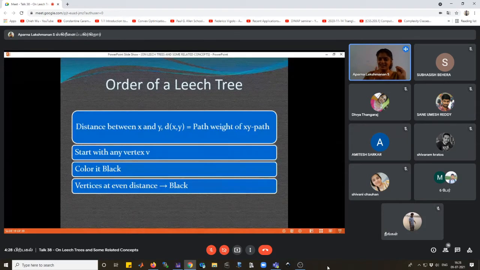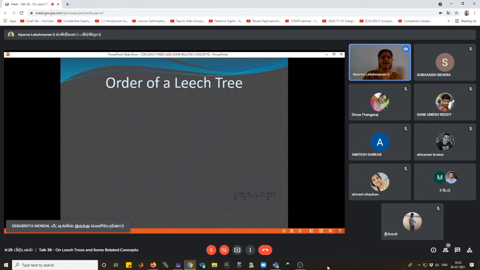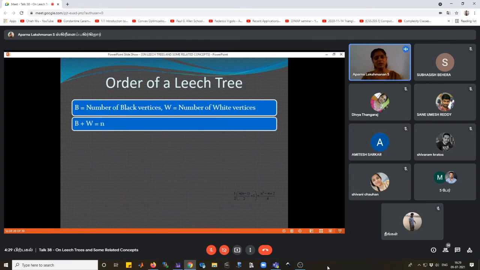Note that distance here means path weight of the path. So all vertices which are at even distance are colored black and all vertices which are at odd distance are colored white. Every vertex will be either at odd distance or even distance. So now we have colored all the vertices. Let B and W denote the number of black vertices and number of white vertices. Every vertex is colored either black or white. So B plus W is equal to n.